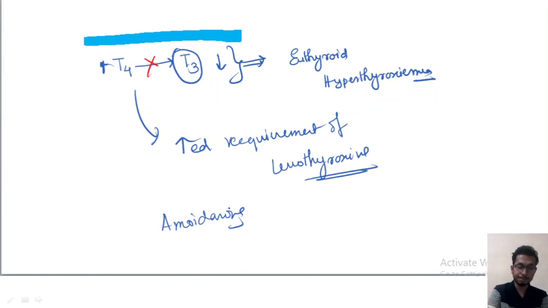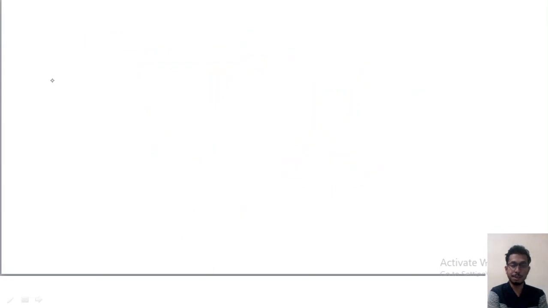Now the effects, if you look properly, there are two types of effects that happen in your body due to this iodine effect. Okay, so due to the high iodine load, it can lead to the effect which is known as Wolff-Chaikoff effect.